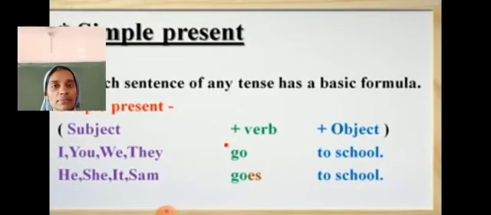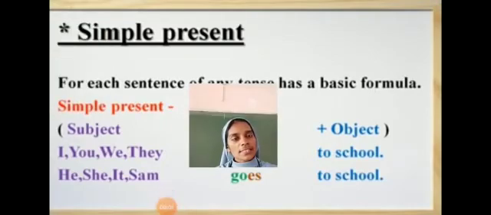With other subjects, that means with plural subjects, we use the base form or first form of the verb. But with the third person singular, we use the S form of the verb.